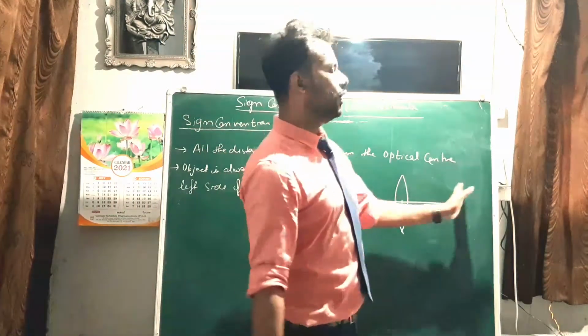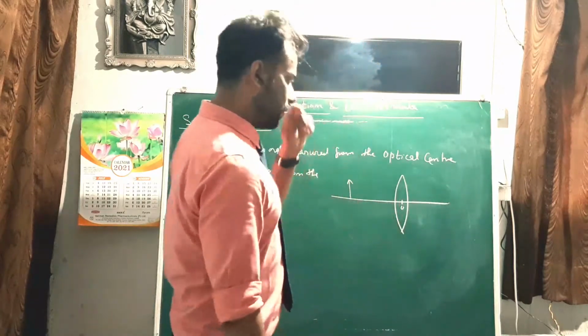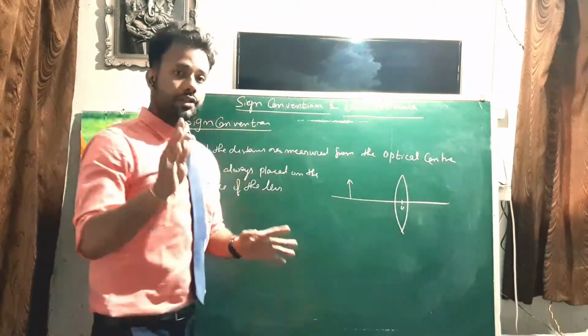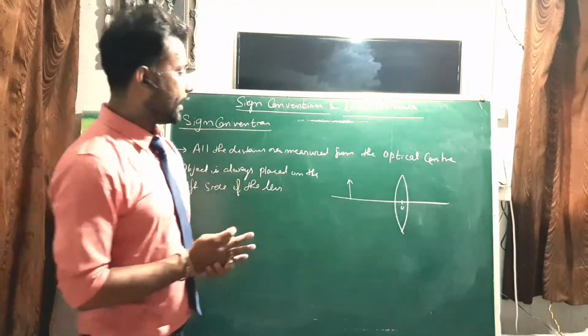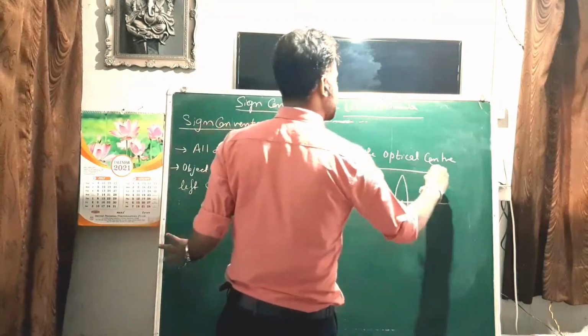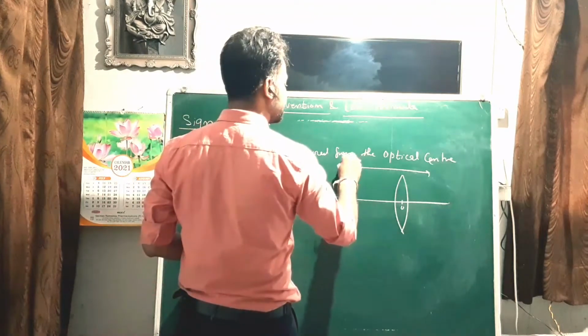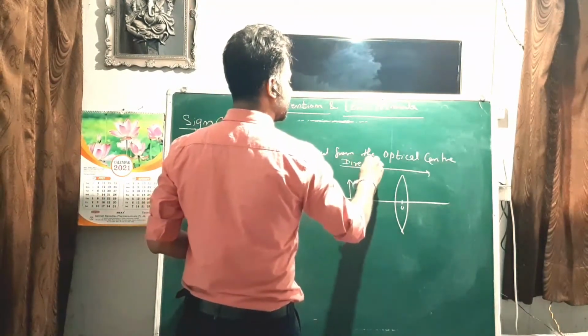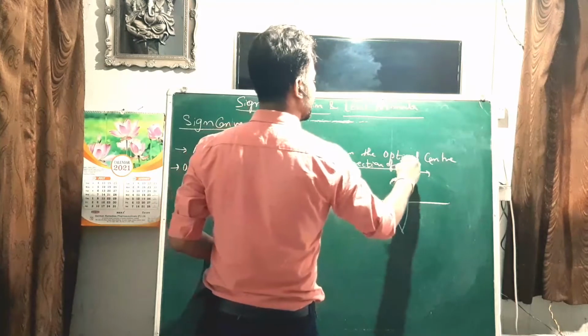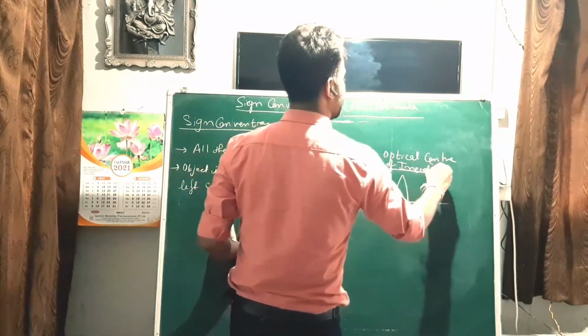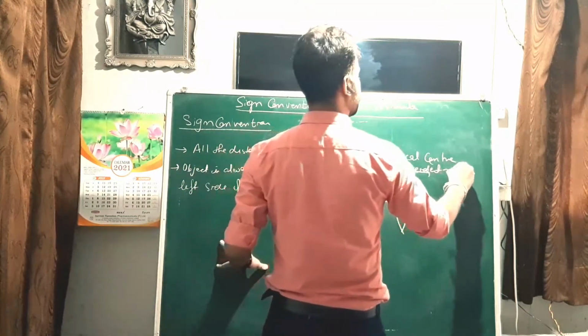It will never be on the other side. Now the time of sign convention. Light will go in this direction. This is the direction of the incident ray.